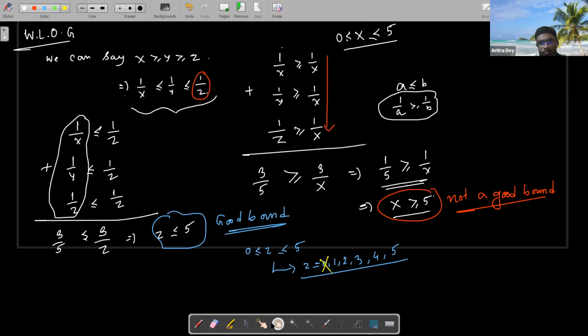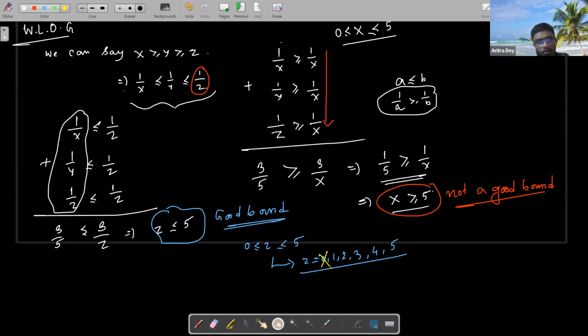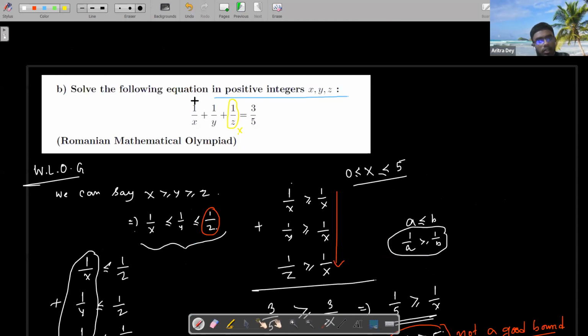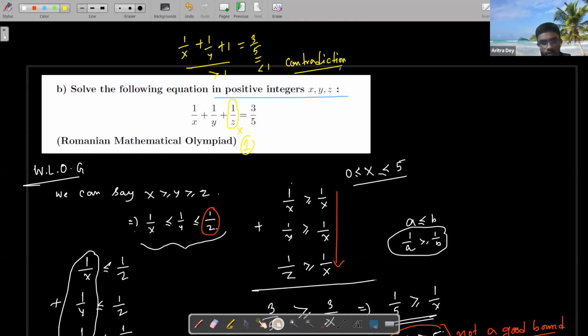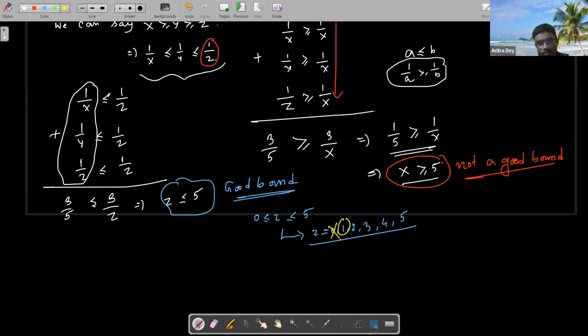If z is 1, then 1 by x plus 1 by y plus 1 equals 3 by 5. Now I know that this side is lesser than 1, but this side will be greater than 1. So again a contradiction, so this is again impossible. So the only possibilities are 2, 3, 4 or 5.